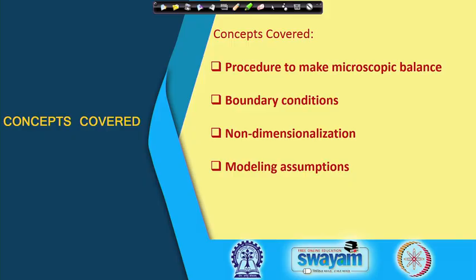And lastly, the modeling assumptions, because even though all the microscopic balances which have been derived and shown to you are in three-dimensional unsteady state, in many situations we need not solve the whole three-dimensional and unsteady state problem. Sometimes we are talking about steady state, and sometimes the variation of the particular scalar field in any particular direction may be neglected.